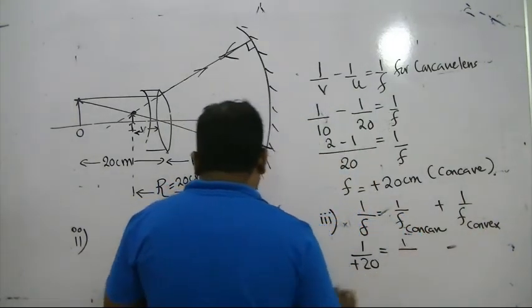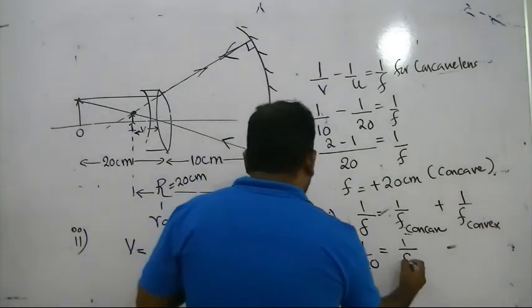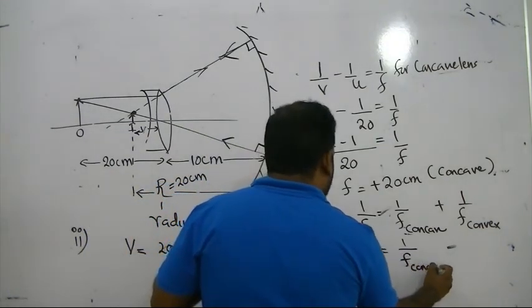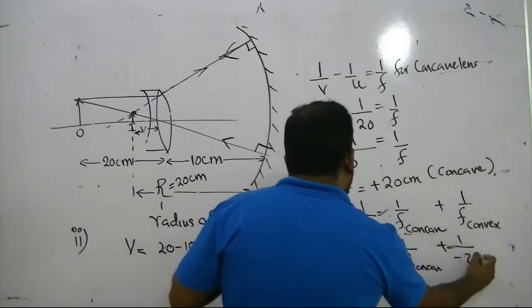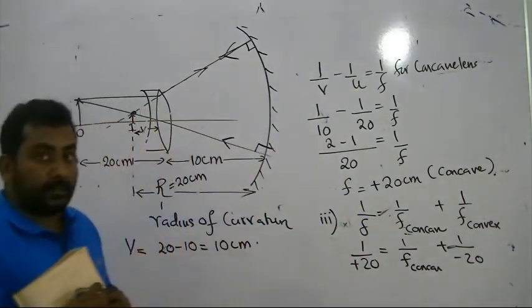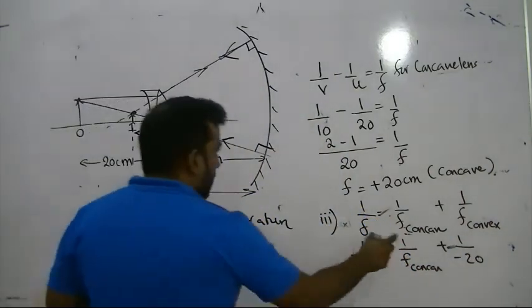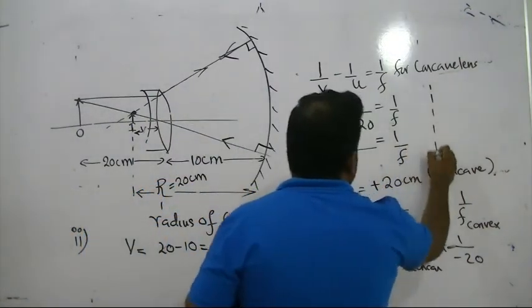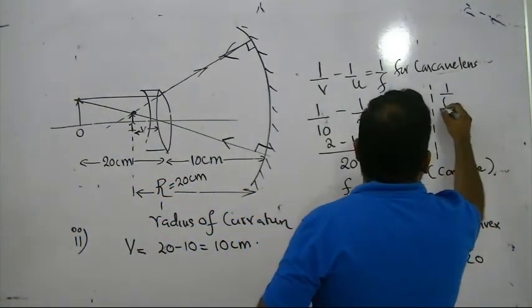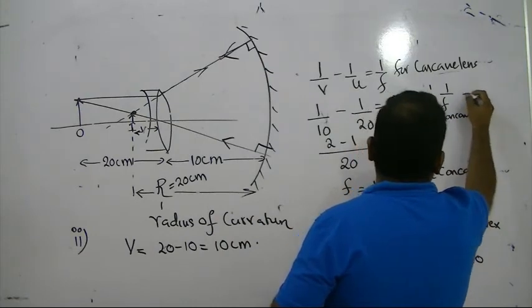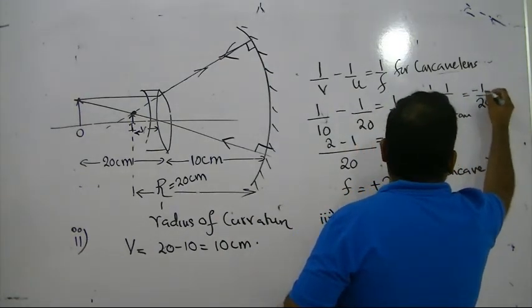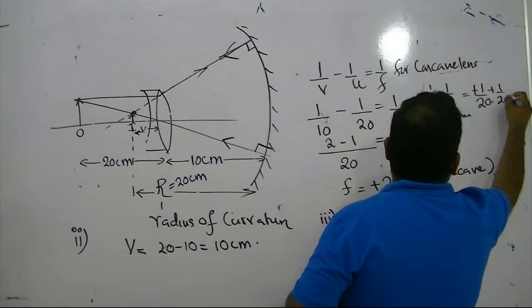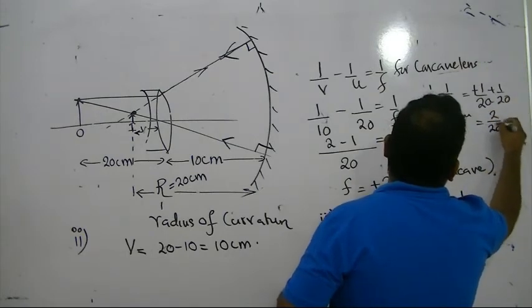Put the sign convention. Effective focal length 20. Concave lens we don't know. Convex is minus 20. Don't forget minus 20. Simplify this, I'll do it here. 1 over focal length of concave plus 1 over 20 equals 1 over 20, so 2 over 20.